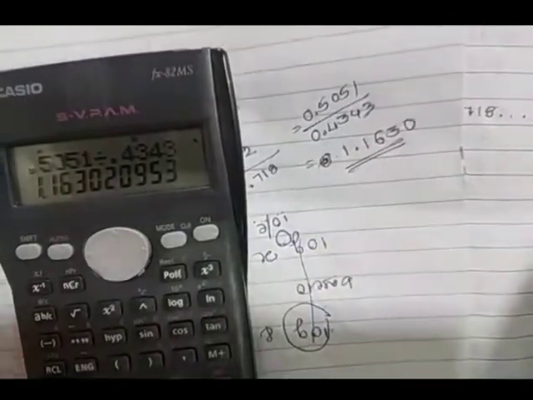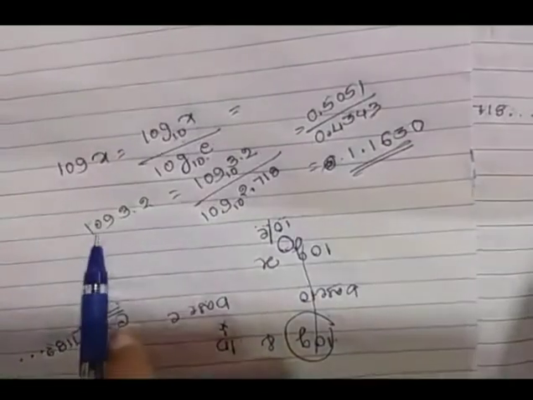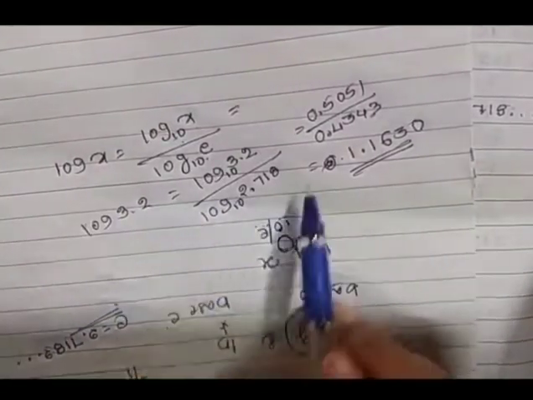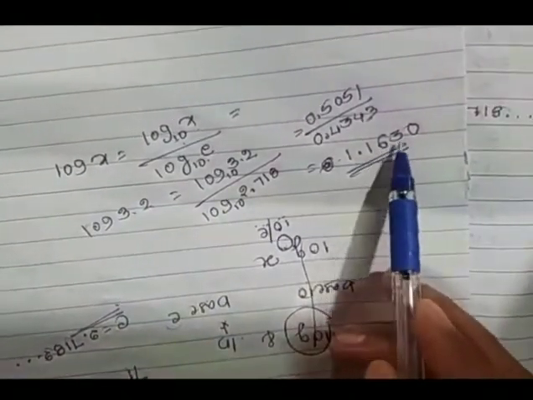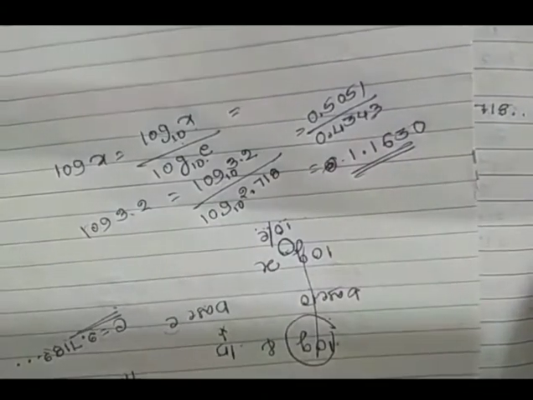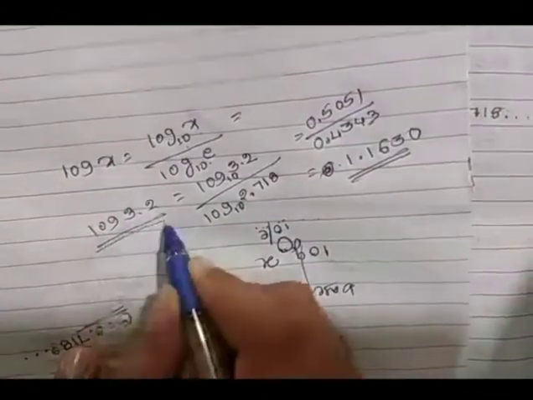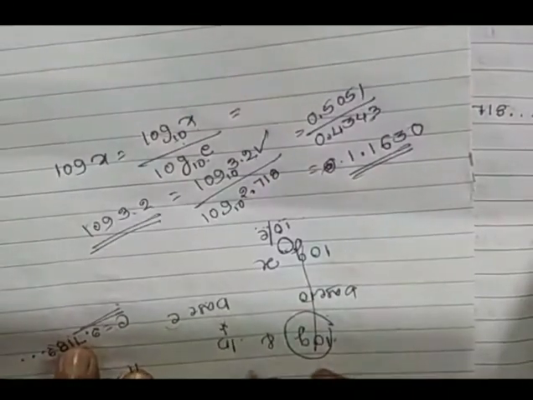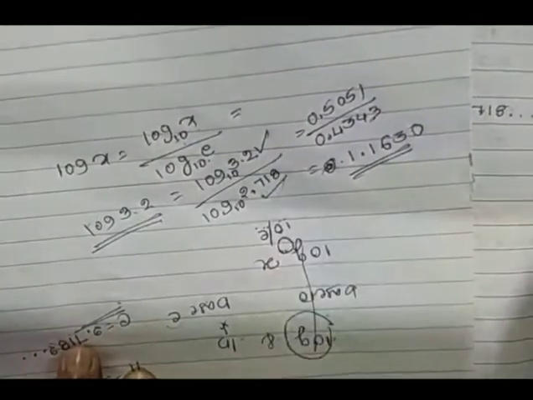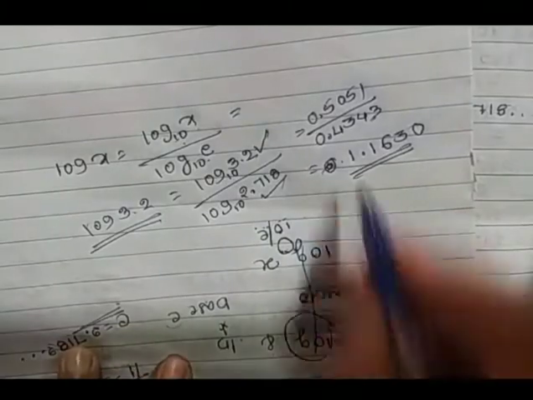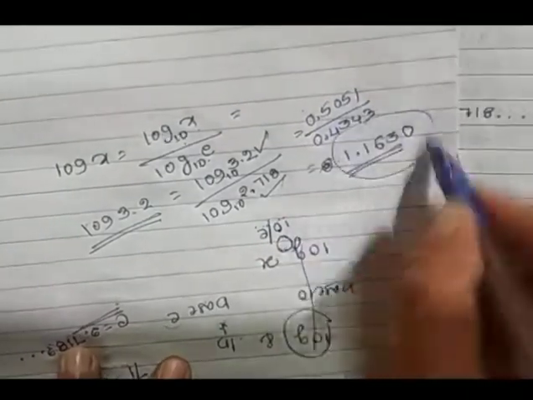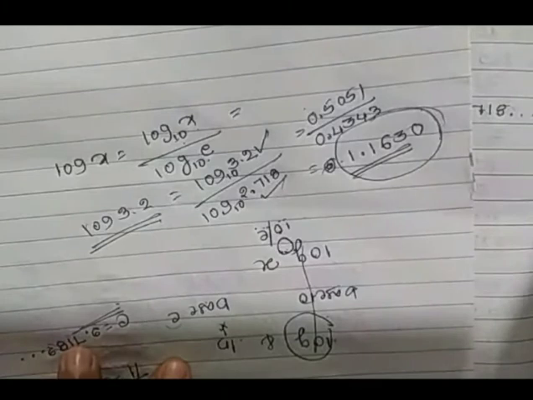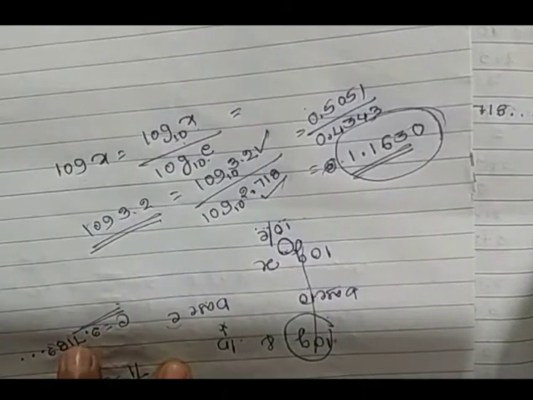So after simplification, we are getting log 3.2 answer as 1.1630. Just to calculate log 3.2, first we have to simplify log 3.2 to the base 10, then log 2.718 to the base 10, and after division we are getting this particular answer, that is 1.1630.